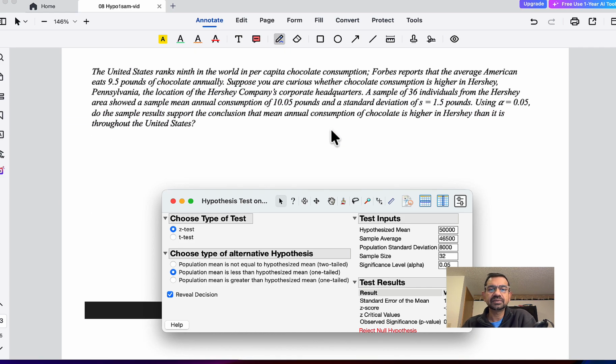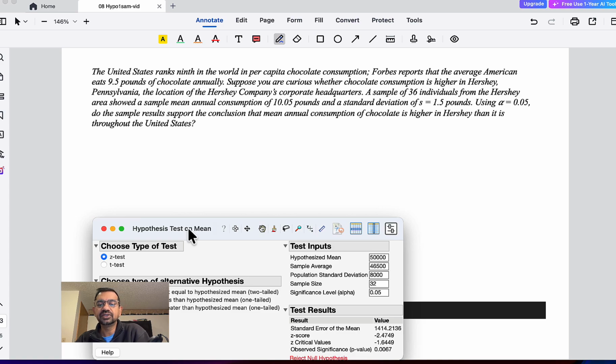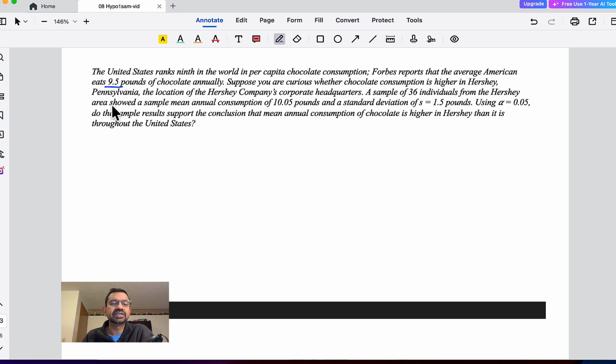So now let's look at the next case where we do not know the population standard deviation. Here we're looking at consumption of chocolate, and the population average consumption of chocolate is 9.5. So our mu is 9.5.